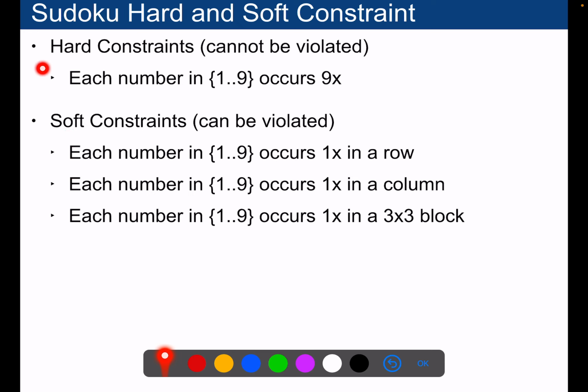The hard constraint that you will keep satisfied is that every number from 1 to 9 occurs exactly 9 times. Okay, and this is what you will keep satisfied. This will be satisfied at the beginning, and since we will only consider swap moves, it will remain a hard constraint that will remain satisfied.